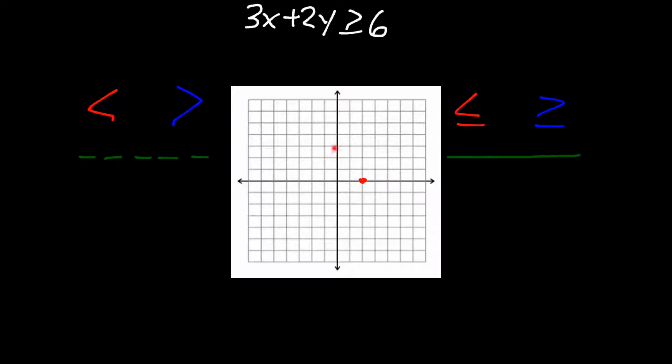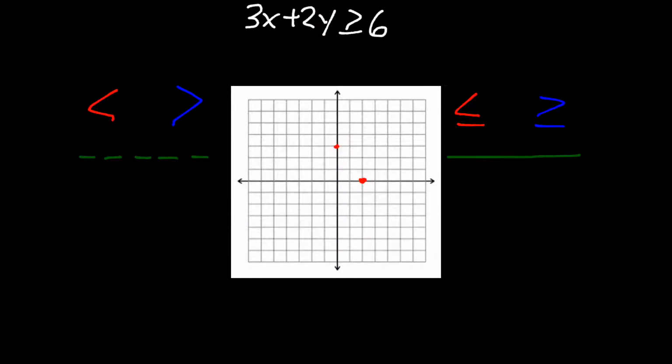Now if I want my y-intercept on the y-axis, I'm going to pretend the 3x is not there, and I have 2y equals 6. So if I divide 6 by 2, I get 3, and 3 is my y-axis intercept, because 2 times 3 gives me 6.